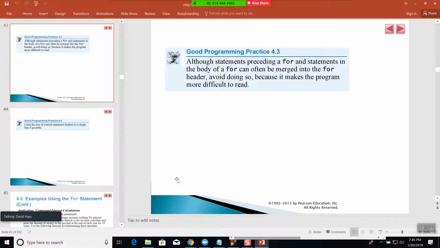Although statements preceding a for and statements in the body of a for can often be merged into the for header, avoid doing so because it makes the program more difficult to read. I don't think I've ever seen that in my entire life.